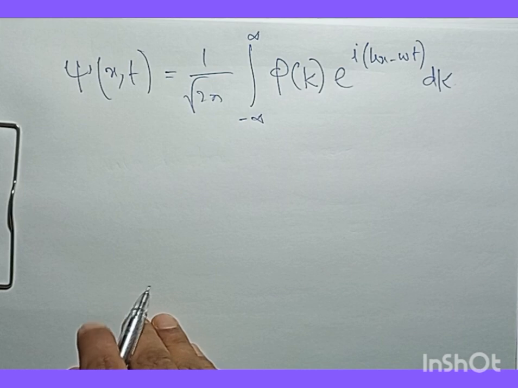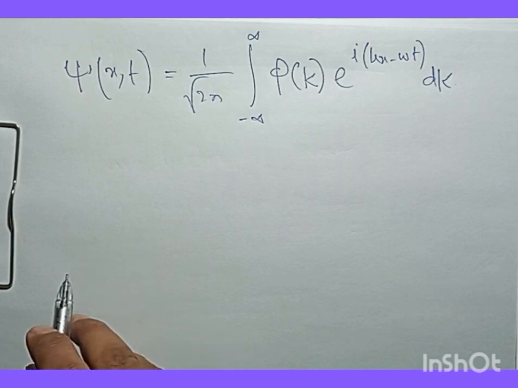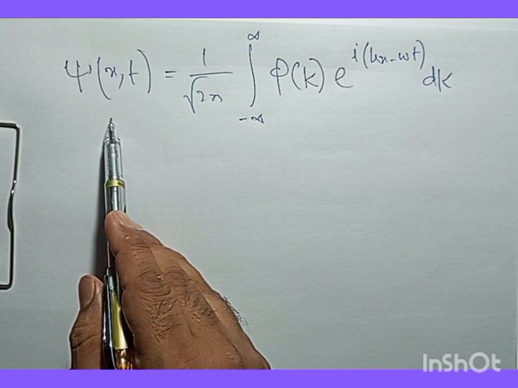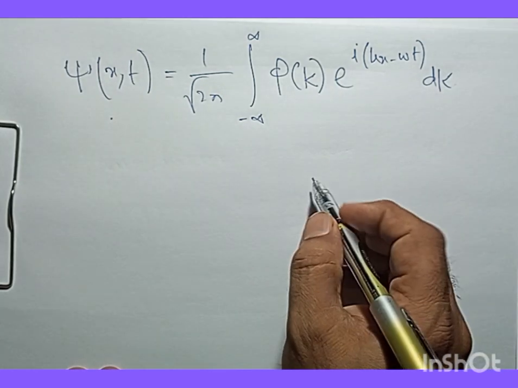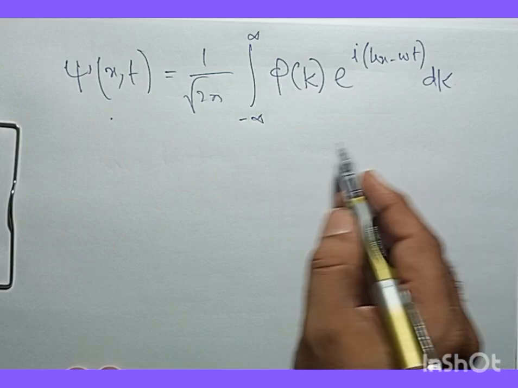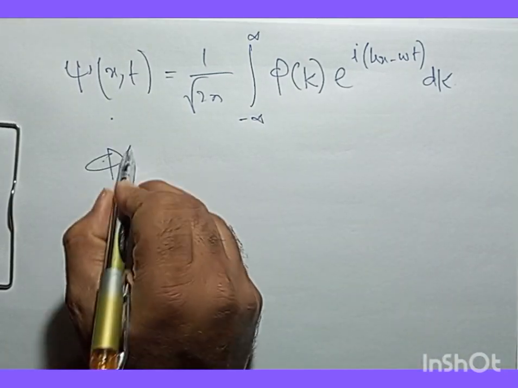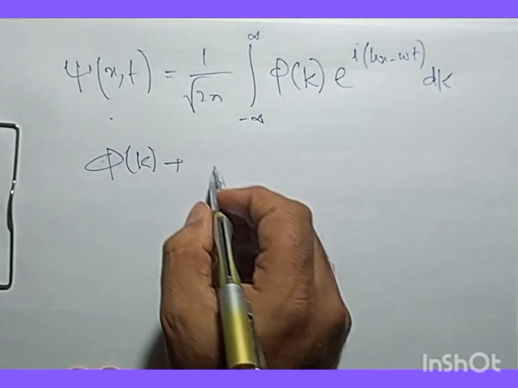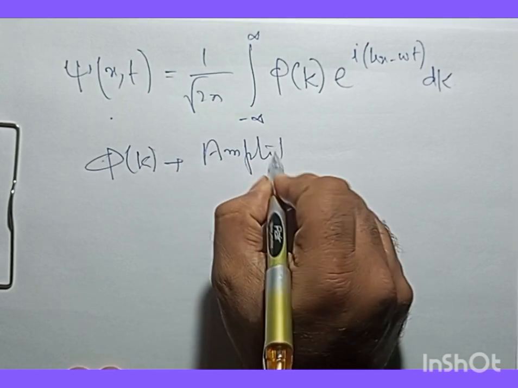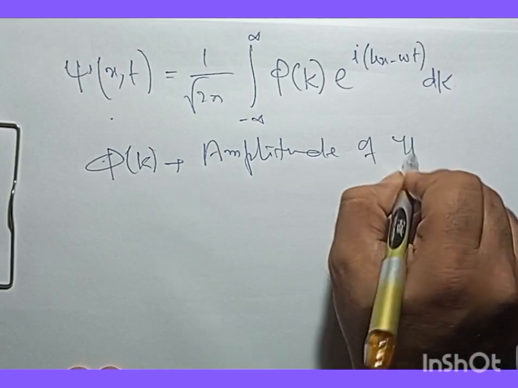So what we have here is the Fourier transform. That's a representative of the wave function of this wave packet, and this phi of k is the amplitude of the wave packet.